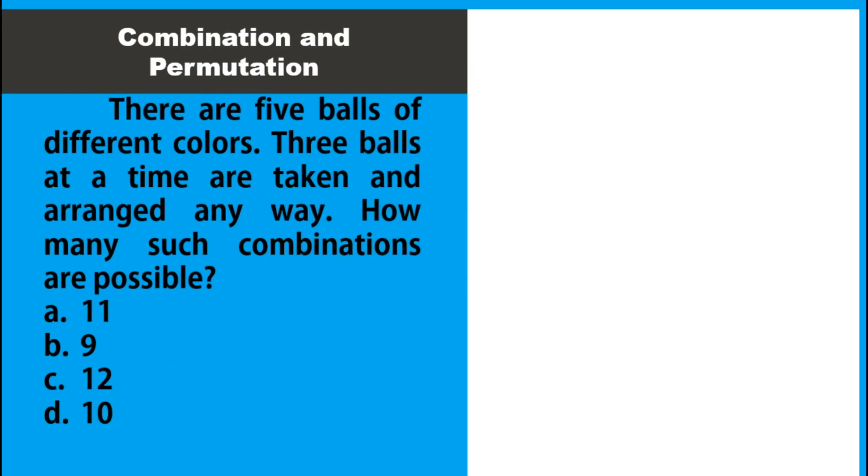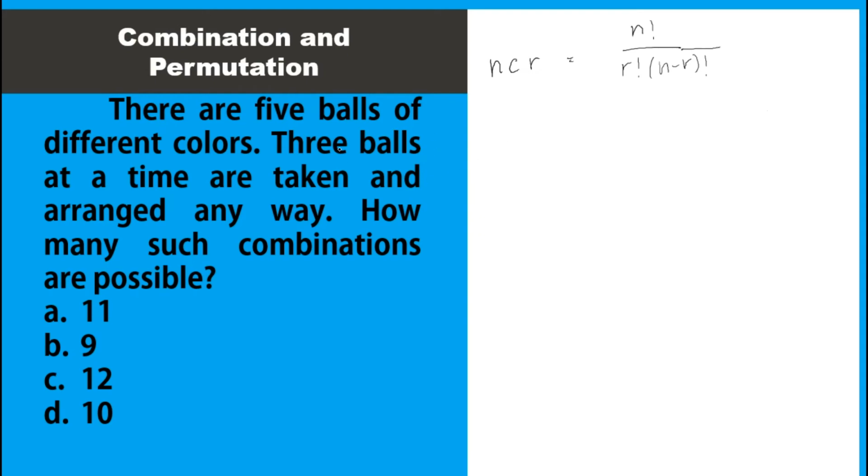So we have the first problem. There are 5 balls of different colors. 3 balls at a time are taken and arranged in any way. How many such combinations are possible? You have nCr, that is n factorial over r factorial times n minus r factorial.